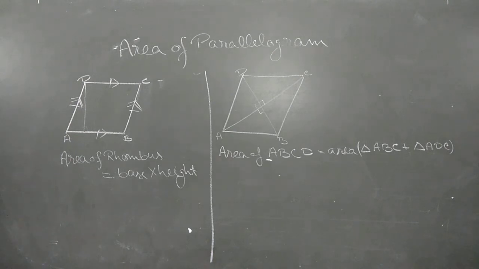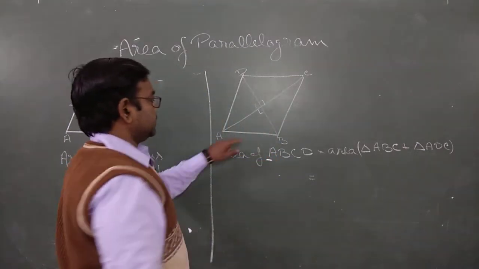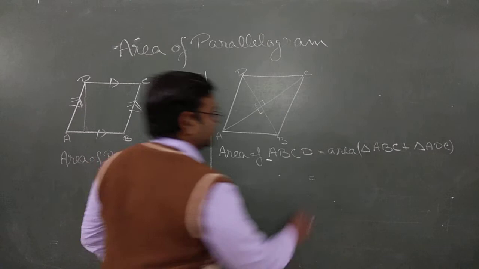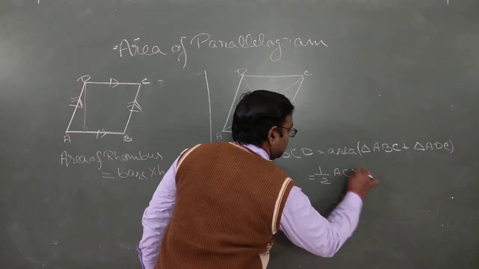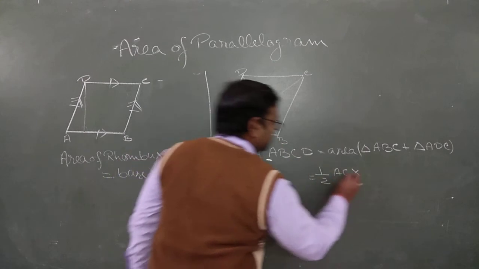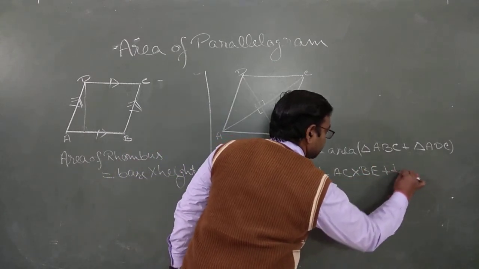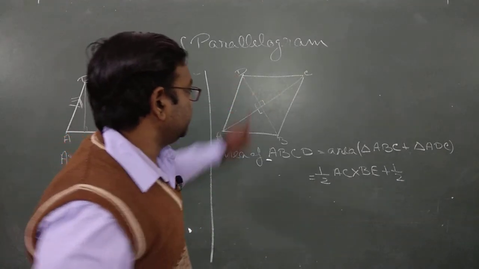And from the formula we can easily say that area of triangle ABC is half of base into height. What is the base? Base is AC, into height, it's BE. Plus, similarly, we can write down half of base AC and height DE.